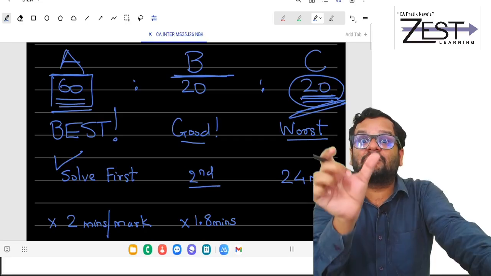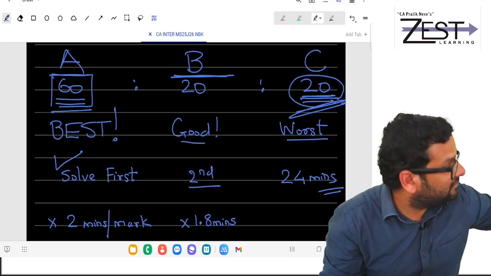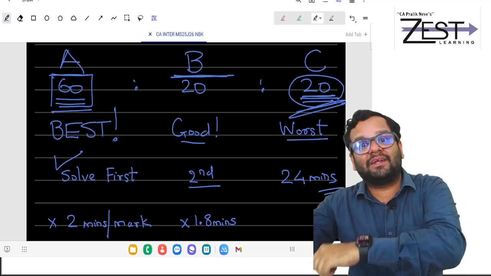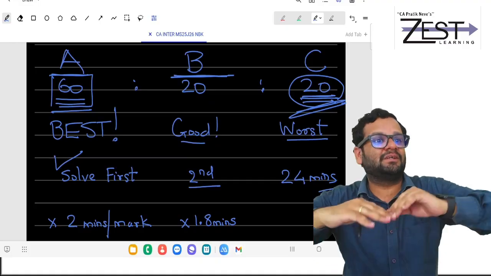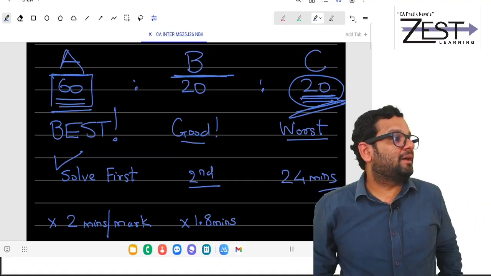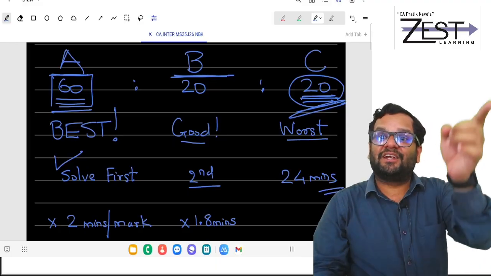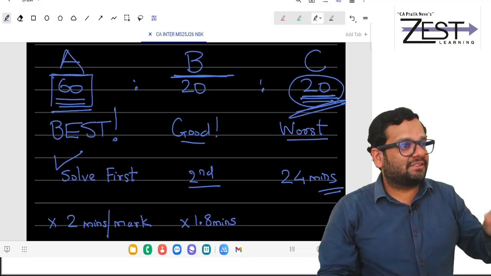I'm just saying that the paper which you thought was worst because of the last 20, in that paper also you can get 60. So don't take me wrong that sir is limiting our score to 60. No, I am saying the paper which you thought was worst is also a good paper, worth getting 60. That message I want to give you.